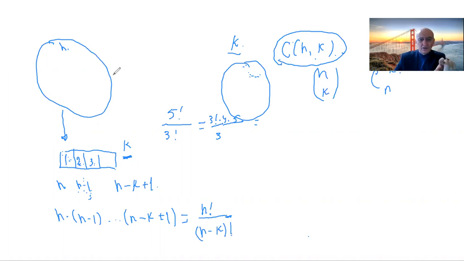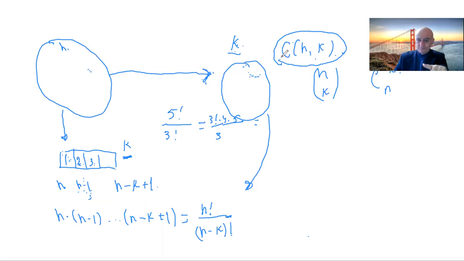Now I will do it in different ways. First, I will choose k element from this n element, and then I will order these elements.